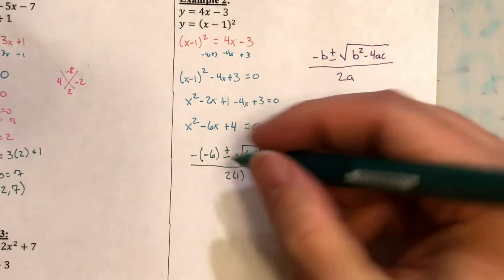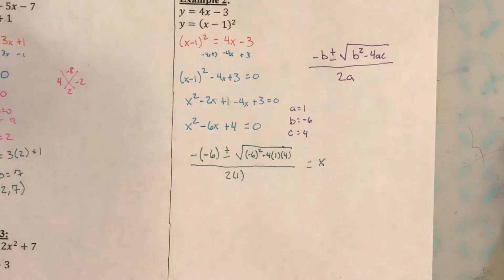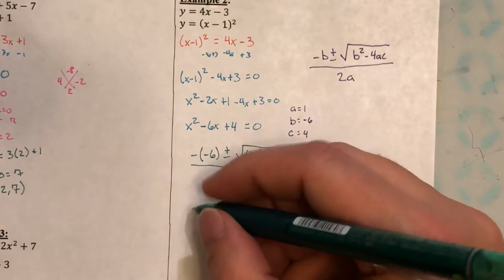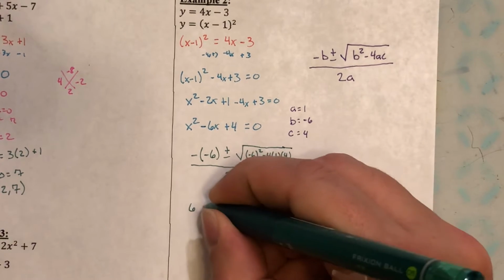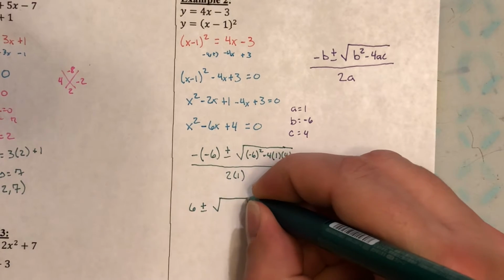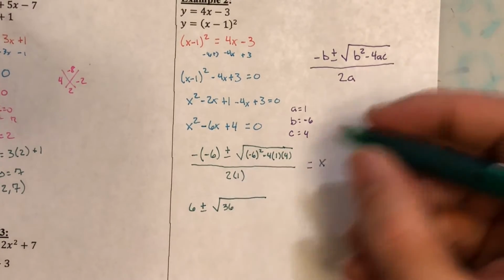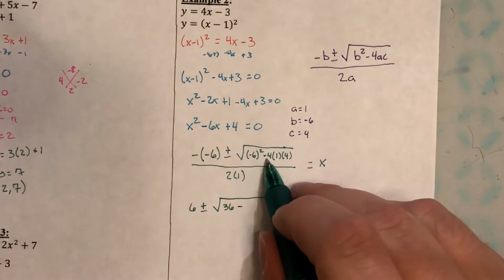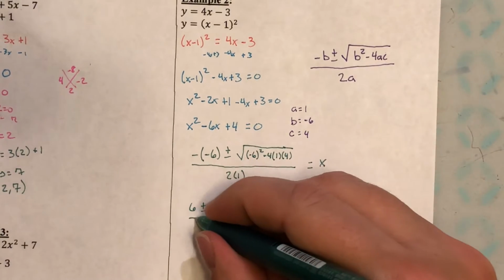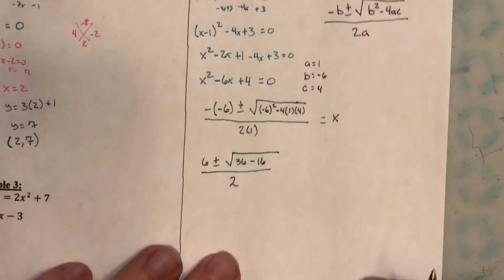So now that's going to give me my x values. So here, the negative 6, that's going to be 6 plus or minus the square root. Negative 6 squared is 36, minus 4 times 1 times 4 is 16, all over 2.